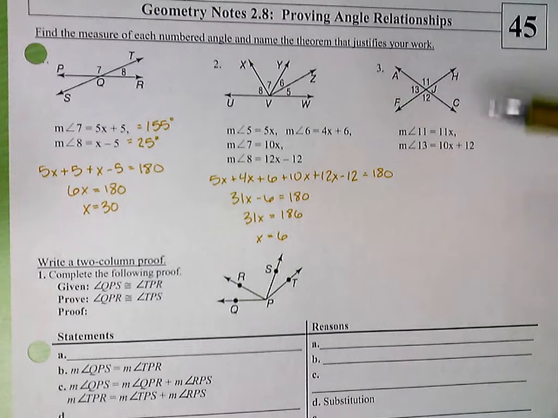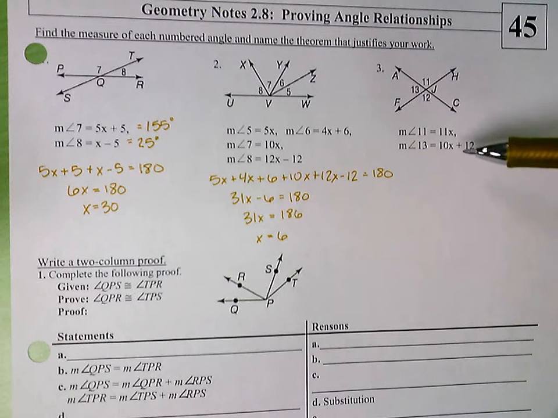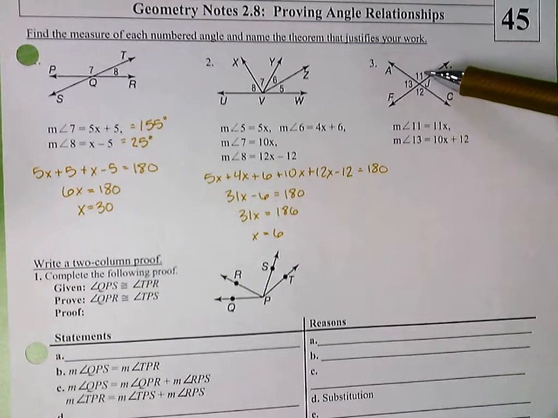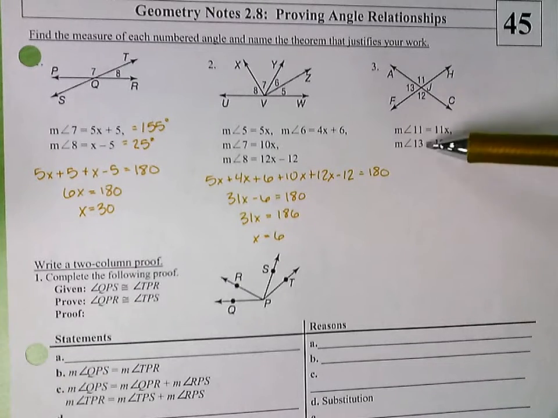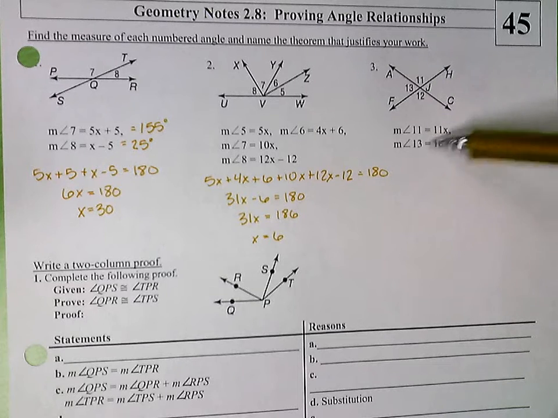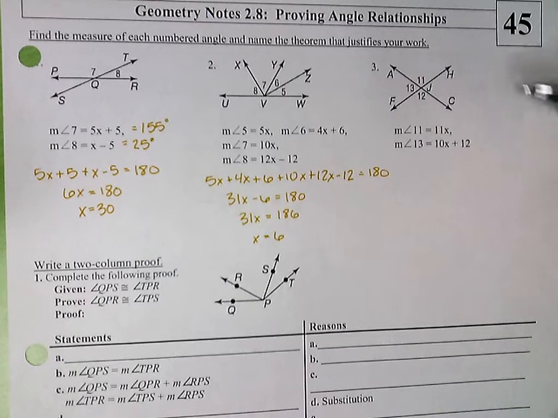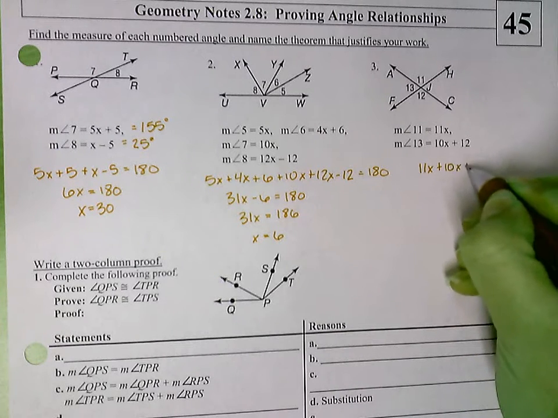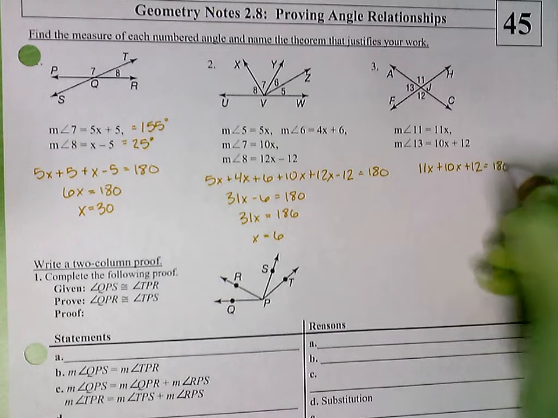Looking at number 3, again, I want to solve for x. I'm given the measure of angle 11, this angle right here, is 11x. I'm also given the measure of angle 13, this angle right here, is 10x plus 12. So how can I figure out what x is? Set it to 180. So we have 11x plus 10x plus 12 is equal to 180.